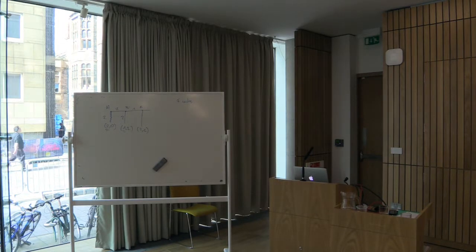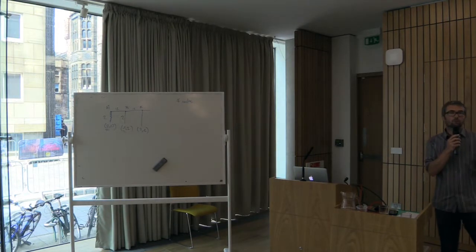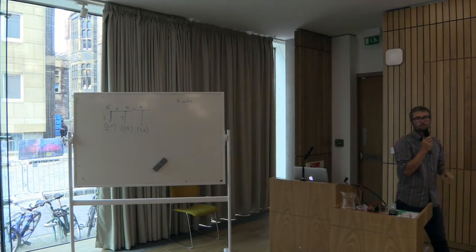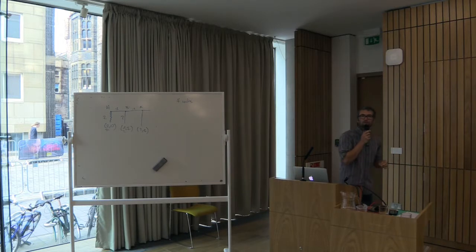And so if it's irrelevant, it should not affect the choice. But by adding this, I completely affect the choice that I made between O1 and O2. So that's contradicting the independence of irrelevant alternatives.